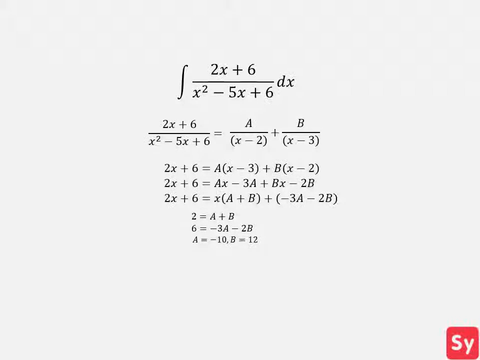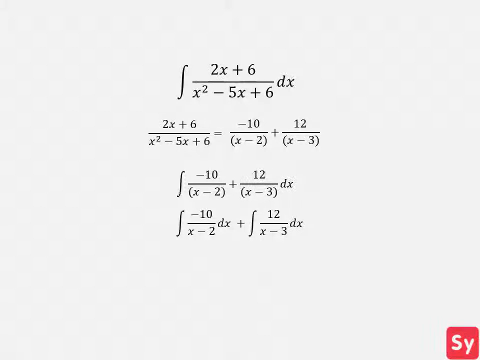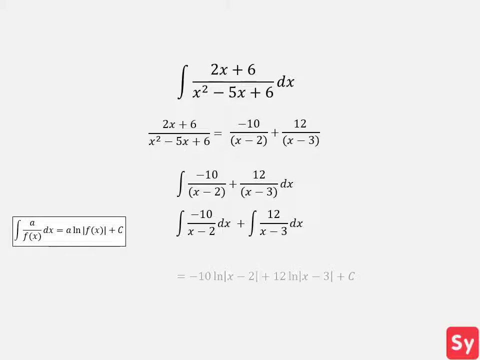So we substitute these values back into the fraction, and now we can substitute the partial fractions in for the integrand. We then use the sum rule and separate the integral into two. Next, we use the natural log identity, which we can see here. We get our answer, negative 10 ln of x minus 2 plus 12 ln of x minus 3 plus c.